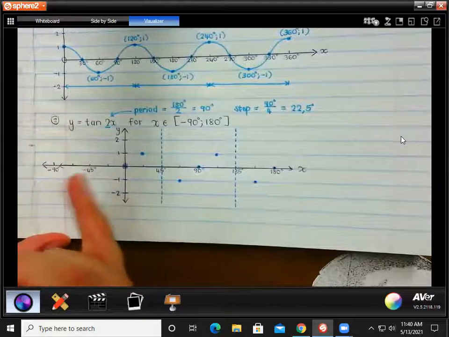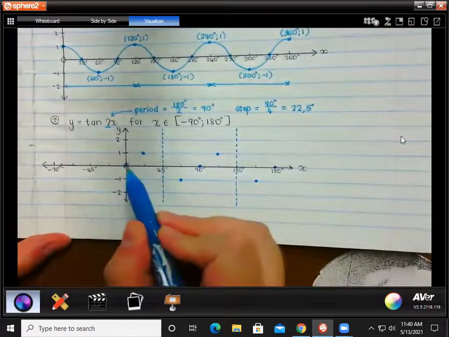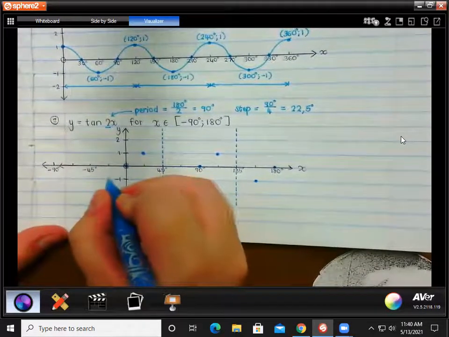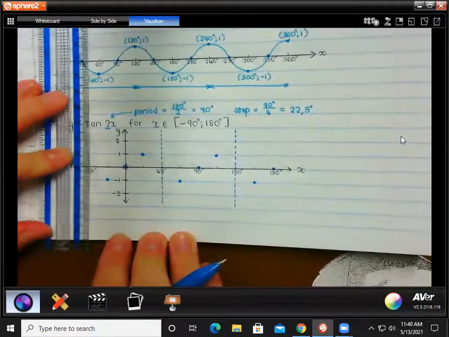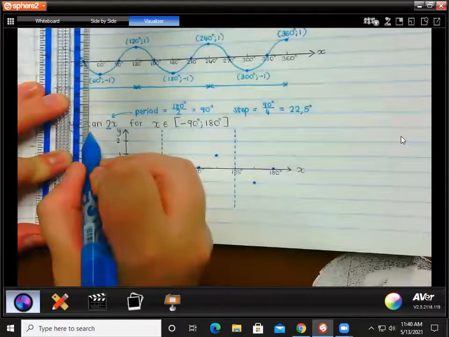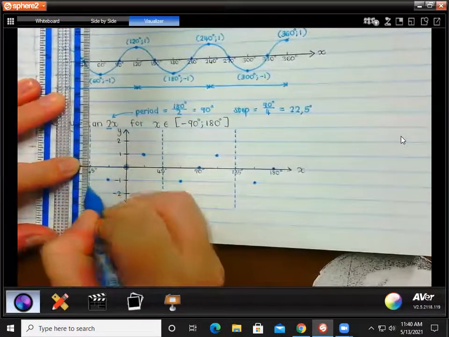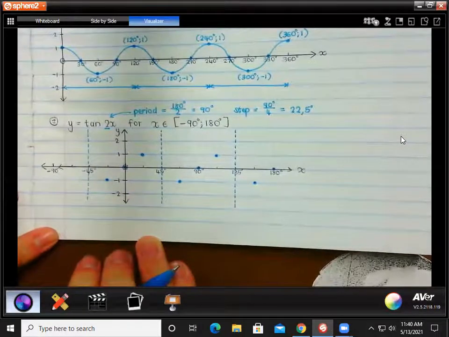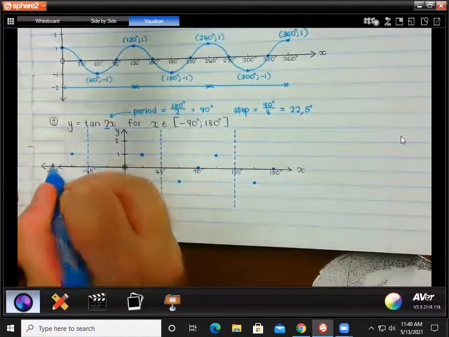Now for the negative part, we have to repeat the pattern going backwards. So if we have a point at 0, before that point, we're going to have a point at -1. And then we have an asymptote. Then you have a point at 1 and then again a point at 0.